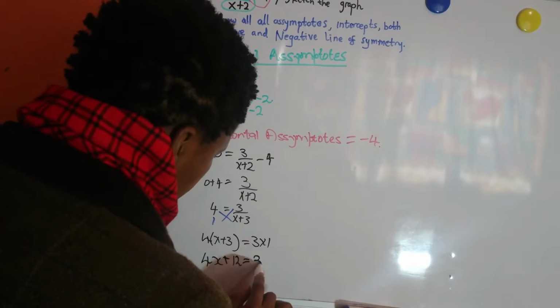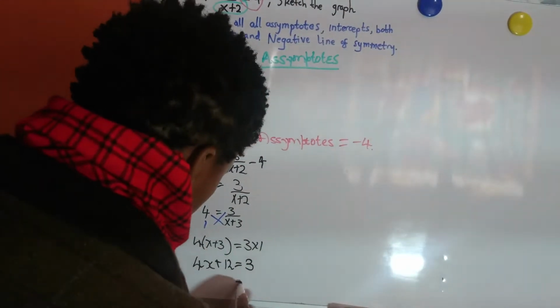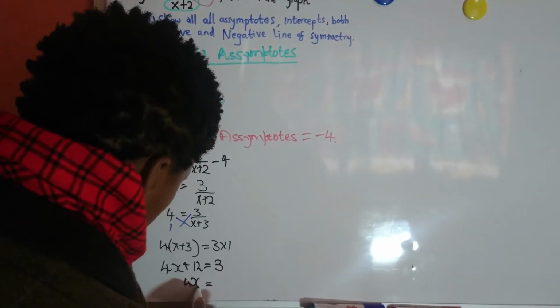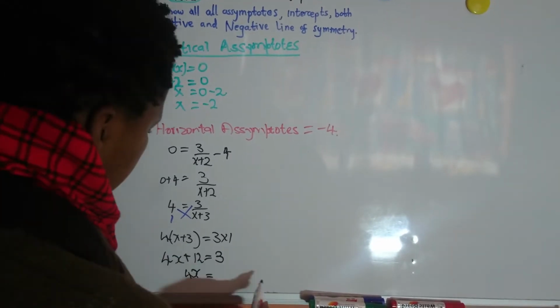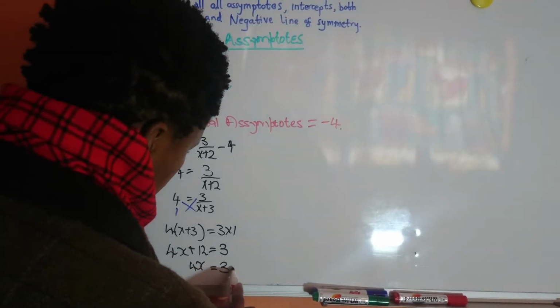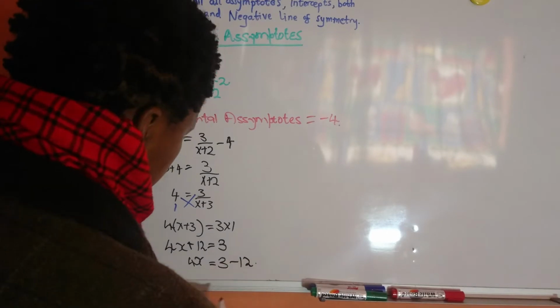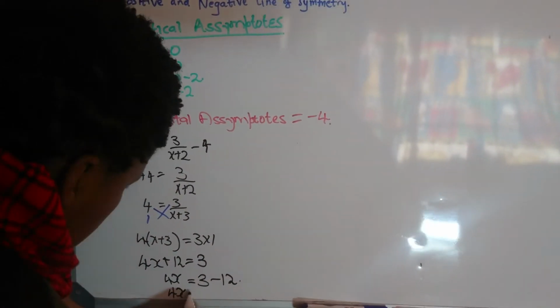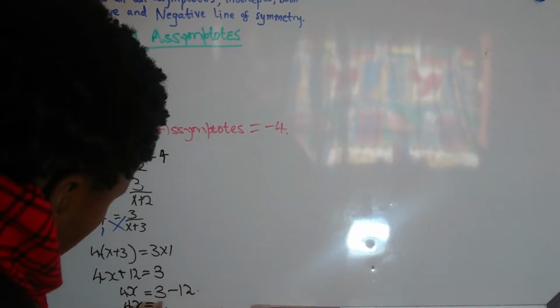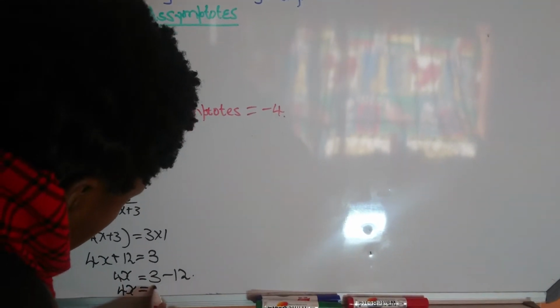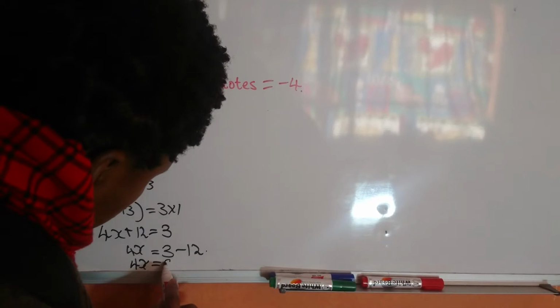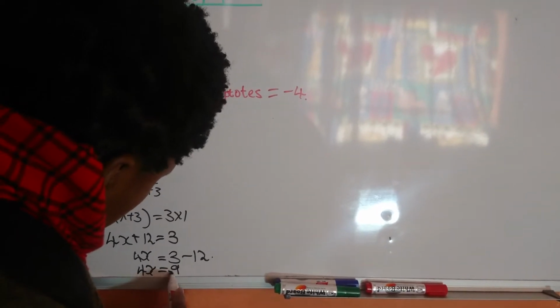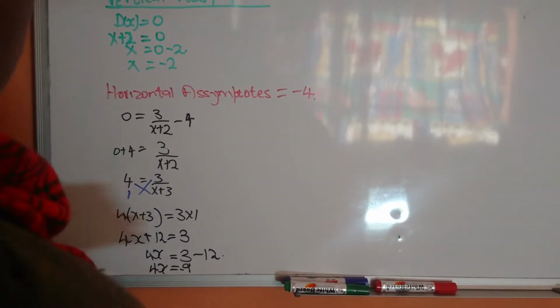Then move the 3, negative 12. So 4x equals negative 9.